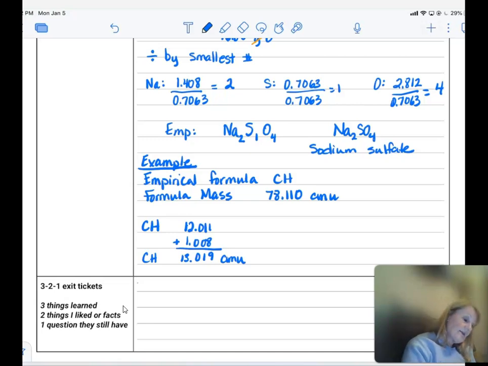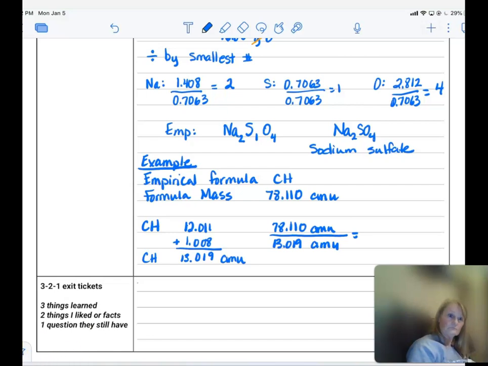Now we're going to decide what our factor is. How many times will that 13.019 go into the 78.110? Let's get our calculators out and calculate that. I hope you're pausing and calculating it too. I did it and I got 5.999. This is where we do an estimation, because roughly that's 6.